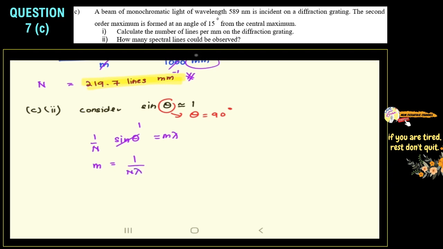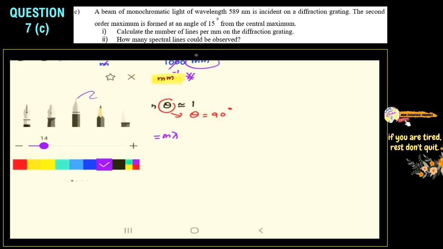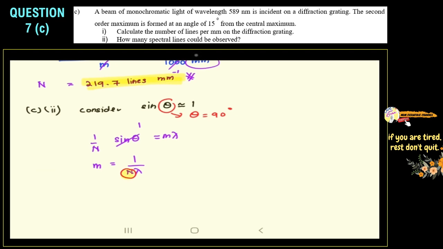So nanti dalam calculation ni, you masuklah nilai n. Tapi, okay, saya highlight dekat sini, here must be in unit per meter. Okay, so kita dapat tadi berapa unit per meter tadi? N is equal to 219.7 exponent 3 per meter.